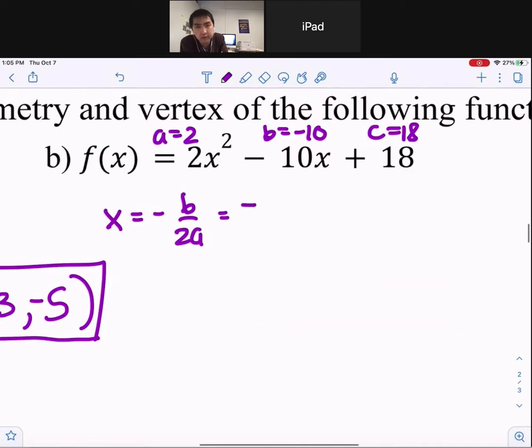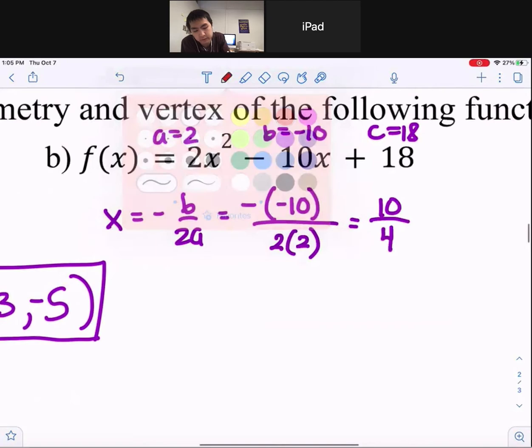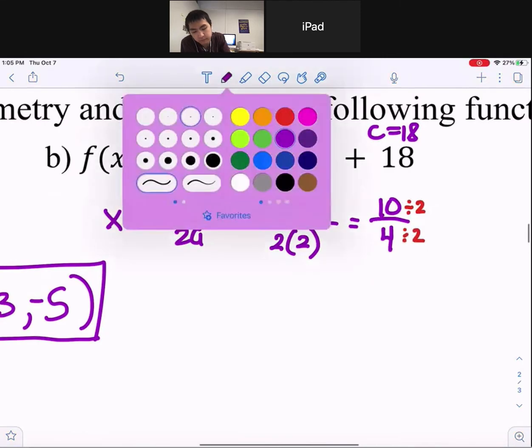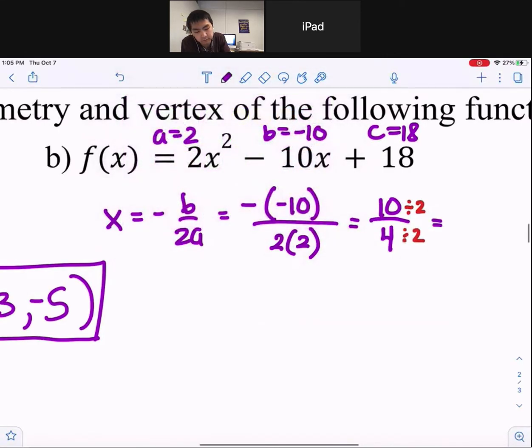So this negative sign comes from the formula, and then our B value is negative 10. 2 times A value, which is 2. Negative times negative 10 is positive 10, all over 2 times 2, which is 4. And you can simplify this fraction by dividing top and bottom by 2. So you are going to get 5 over 2.